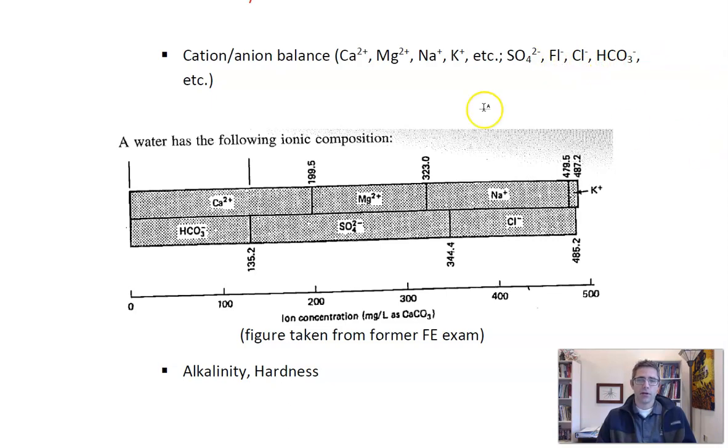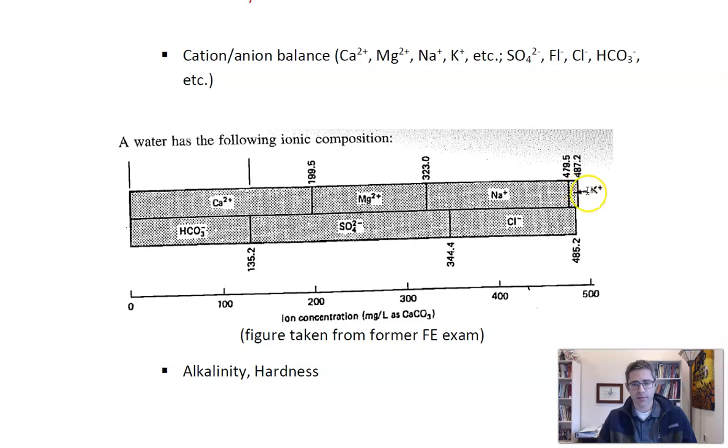And you can look down, and if you plotted both of them on an equivalent basis, here you can see on this horizontal bar the ion concentration in milligrams per liter as CaCO3. Here's all the positively charged ones converted again to milligrams per liter as CaCO3, and then the negatively charged ones as well. They should come to the same level, right?